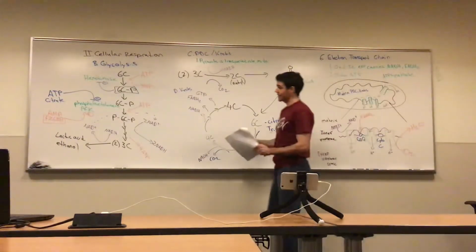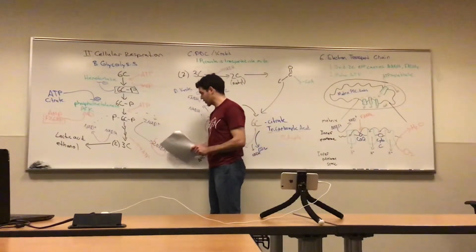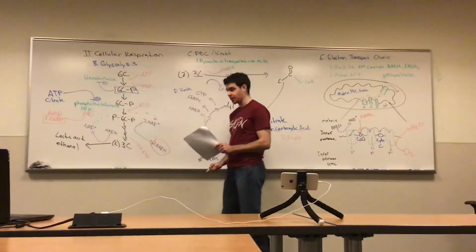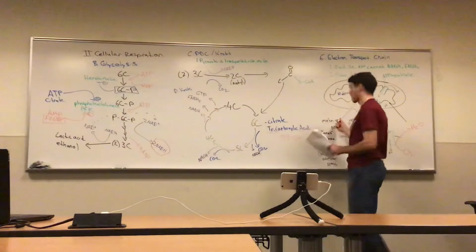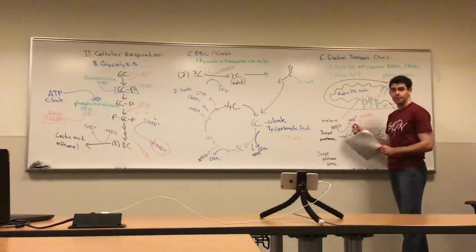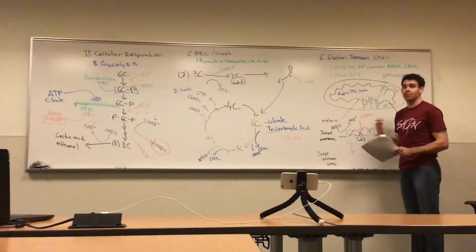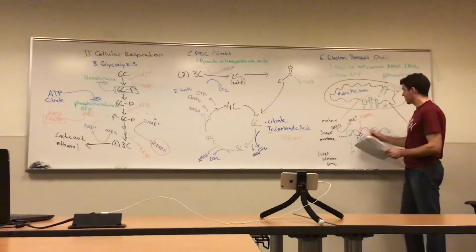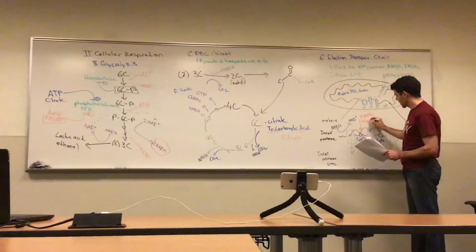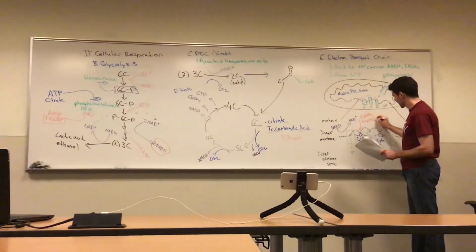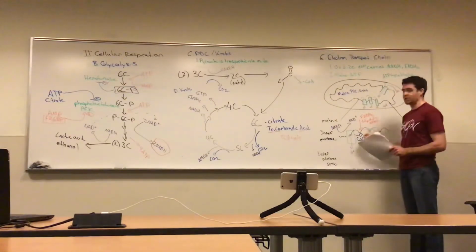So this NADH that we made all the way back over here has to be transported into the mitochondria. Okay. So when it's transported, it can only be dropped off here. So we call that glycolytic NADH. It gets dropped off at this CoQ.